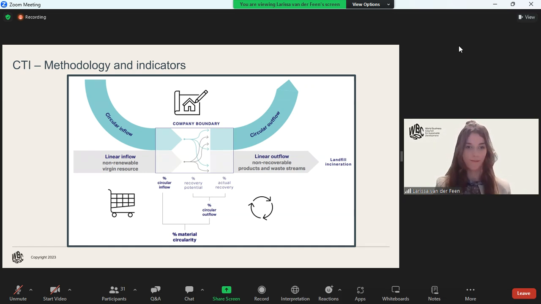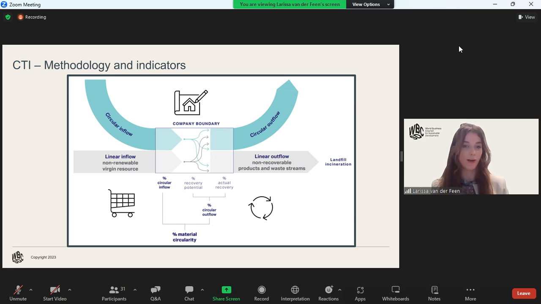Percentage recovery potential measures to what degree the company designs their products to be economically viable and technically feasible to be recovered. And this economically viable and technically feasible aspect is really important, because we want to make sure that it's realistic as well in real life, that materials actually get a second life.